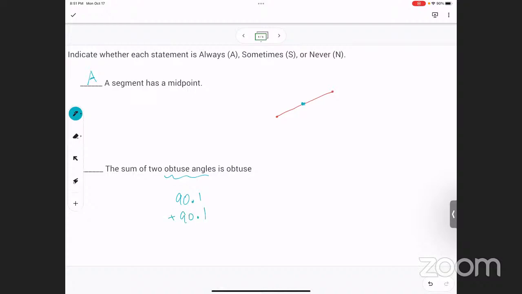Is that obtuse? Yeah. And what is that going to add up to? 180.2. And is that obtuse? Yeah. So what is the answer to this? So it's always? Always. Okay.